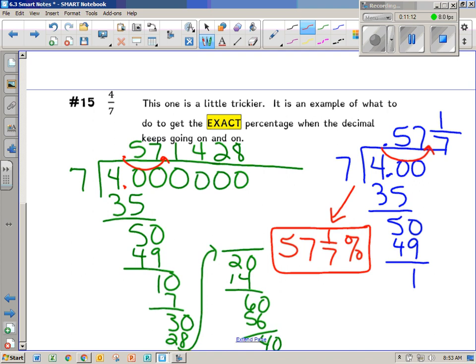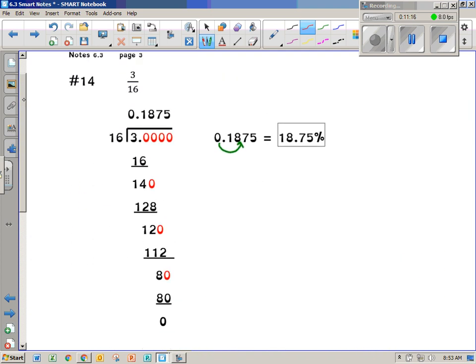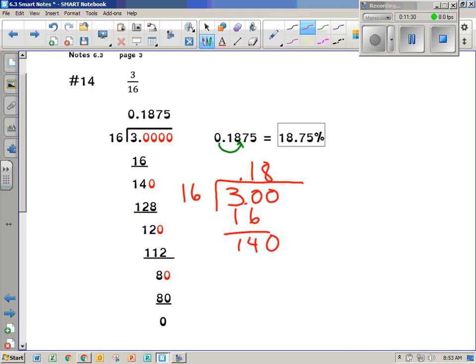So anytime I converted one, like even on this last problem, I could have stopped. If I had gone to just 2 places here, I'd have 1, 8, and then I got 12. And then I could just stop and take my remainder and put it over my divisor.